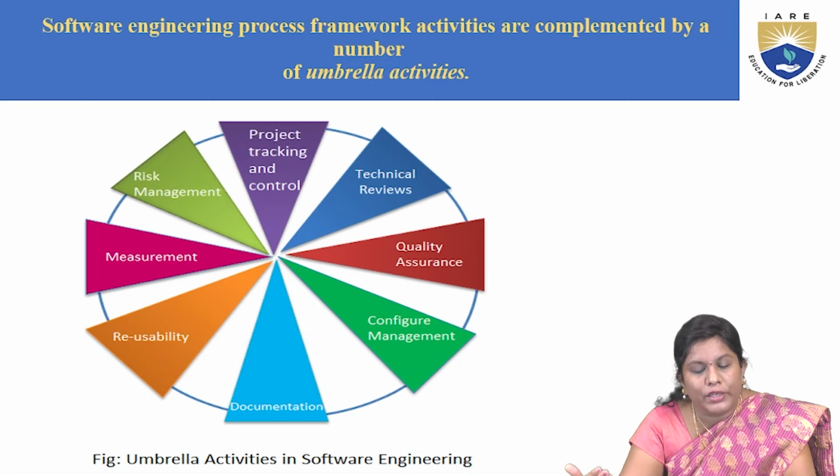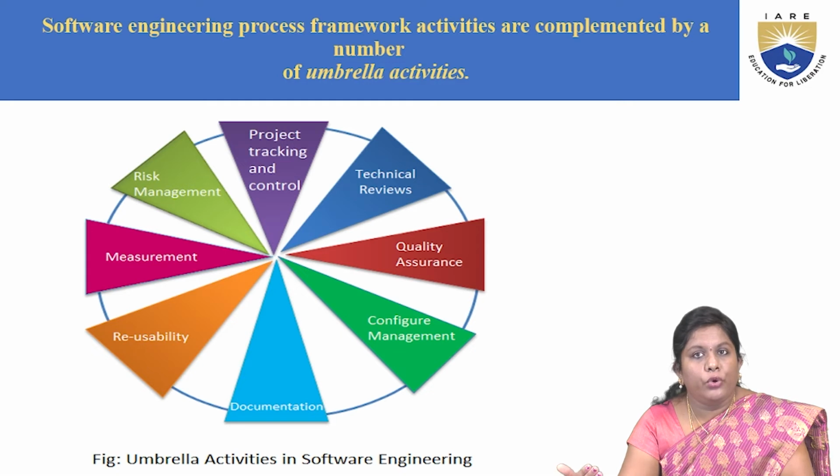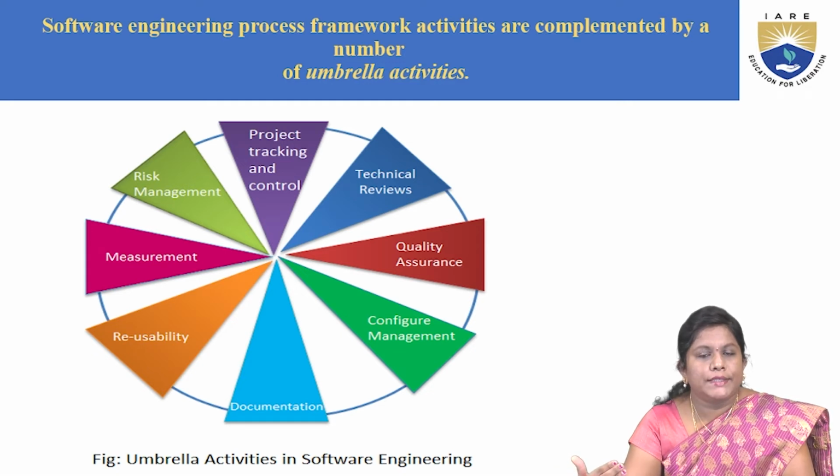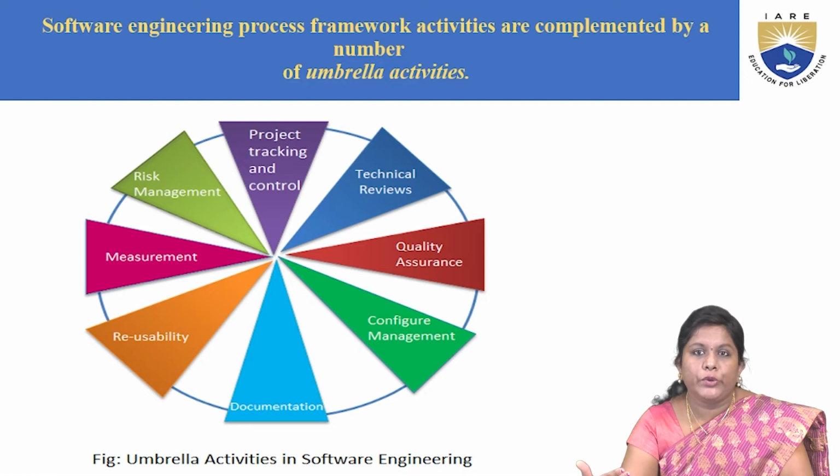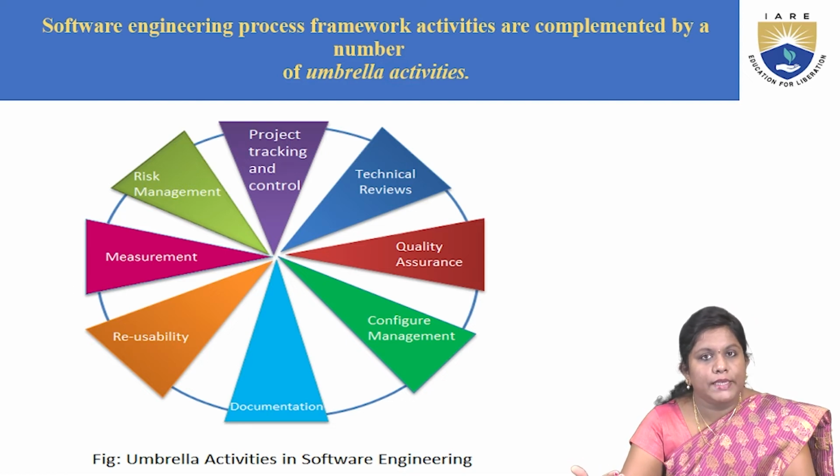You start off with project tracking and control, right? Then project and technical reviews. Then you have quality assurance. Then you have configuration management. Then we have documentation. Then we have reusability. We have measurement, and finally risk management.